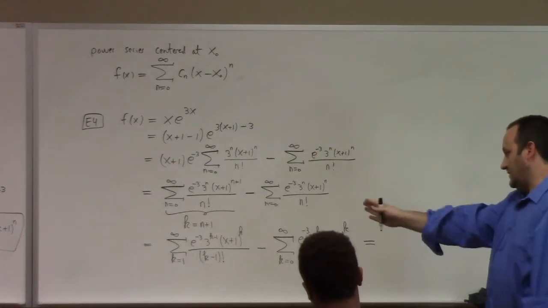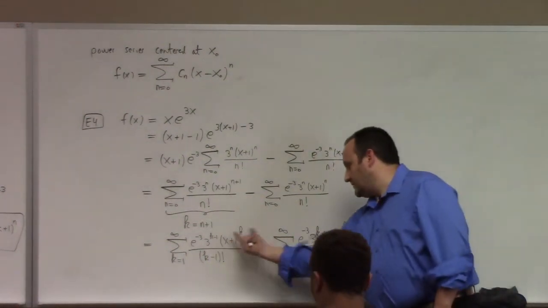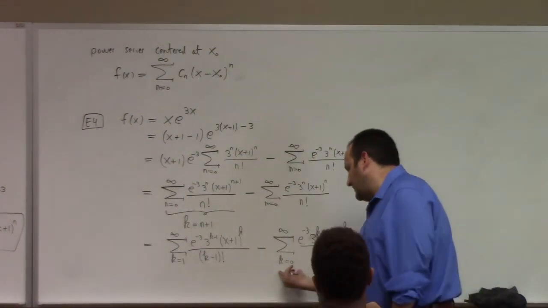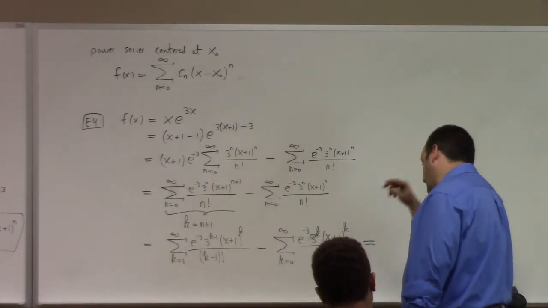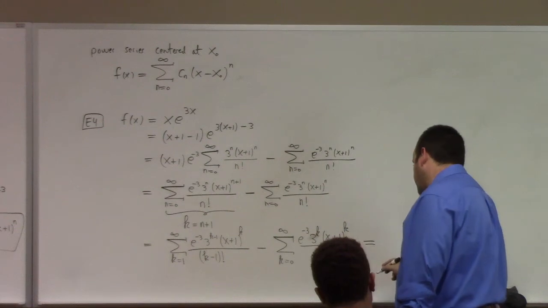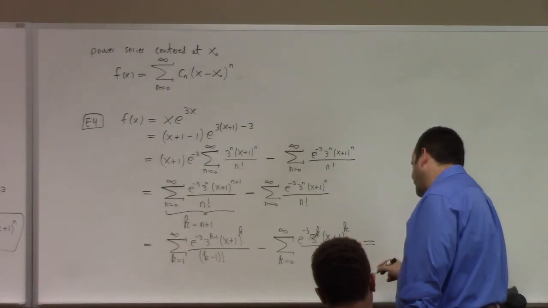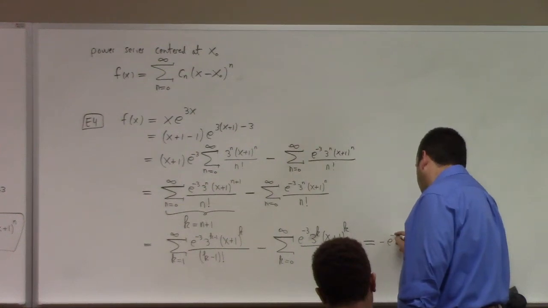And now at least they have matching powers, so I can add them, but I got to be careful because this one has a 0th term, whereas that one doesn't. So I just peel off the 0th term, which is what? k equals 0 here gives me minus e to the 3, minus 3.